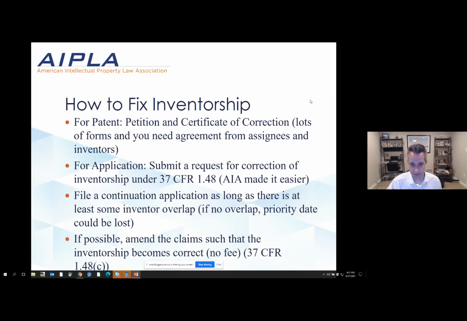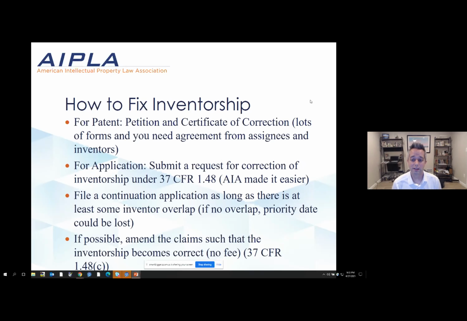So how do you fix inventorship? Well, if your patent has already issued, then you need to file a petition and a certificate of correction. There's a lot of forms, and you need agreement from assignees and inventors, and it's kind of messy, especially if you are in a fast-moving industry and inventors can come and go.